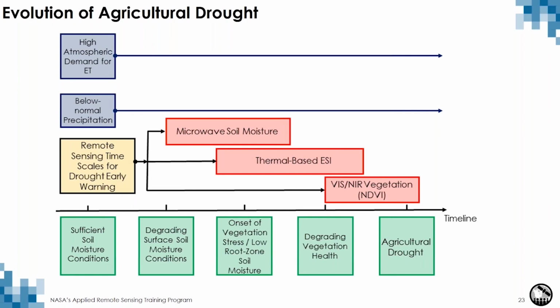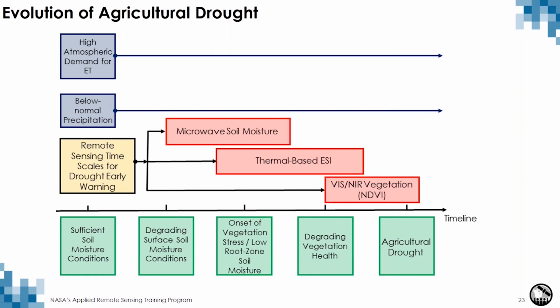So you can start a growing season with sufficient soil moisture. As you know, these atmospheric controls start to lead to degradation of the surface soil moisture. You can measure that with microwave soil moisture. As the root zone dries out, you start to see onset of vegetation stress. Our thermal-based method with ALEXI and a derivative product called the Evaporative Stress Index, which I'll talk about in the next slide, looks at the plant dynamics of the onset of vegetation stress.